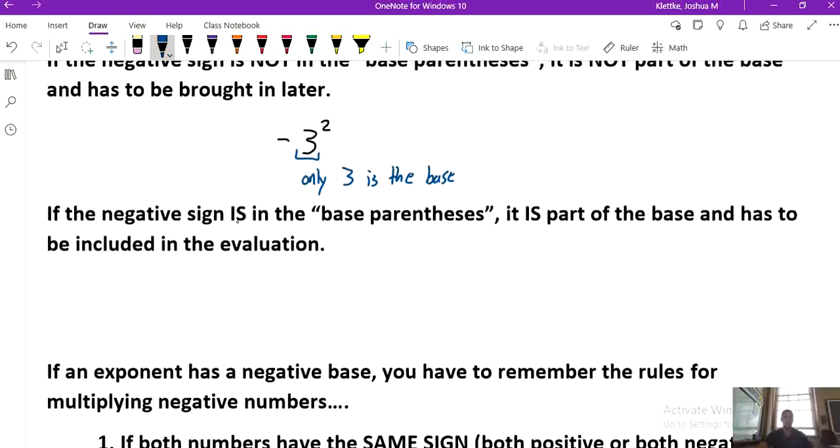But if the negative sign is in the base parentheses, it is part of the base and has to be included in the evaluation. That's when you're just solving for what it equals. So if we see parentheses negative 3, with an exponent of 2 attached to it, we would say that negative 3 is the base.